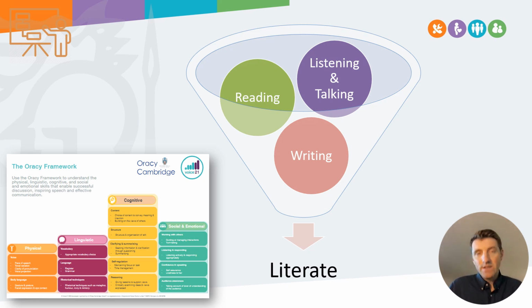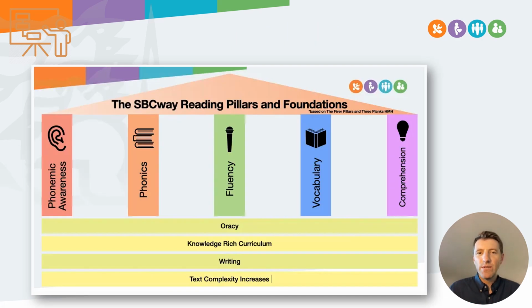So what we really want is a holistic approach to literacy, and supporting fluency is one way of being holistic in our approach. But you'll also see on the slide here that we've got that oracy framework, which we are really advocating and using to build our listening and talking approach, because there are certain elements of particularly speaking, but then also listening, that we really do need to put a very fine focus on. And reading audibly out loud with fluency is one way that we can support an oracy skill. So please bear that in mind as we go through this session on fluency.